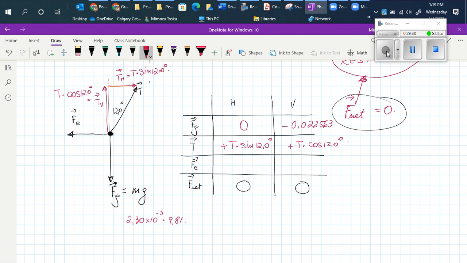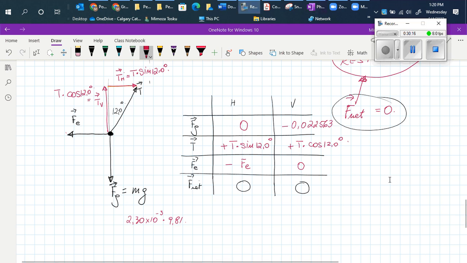And now if we take a look at the electrostatic force that this charge is experiencing, the horizontal component going toward west is negative. We don't know that value, so it will be negative Fe. And the vertical component of that force going toward west is equal to 0.